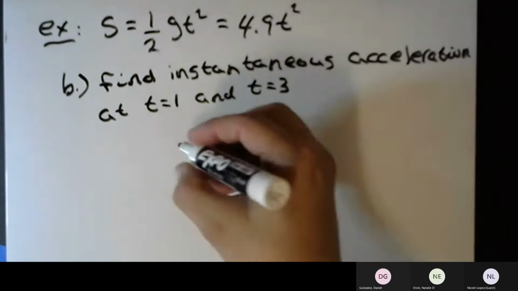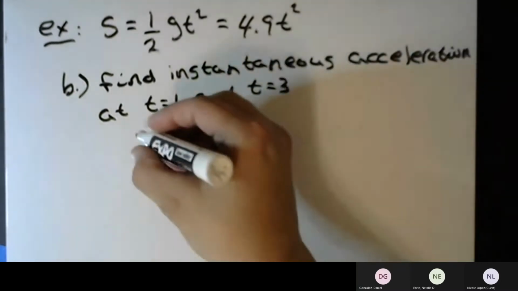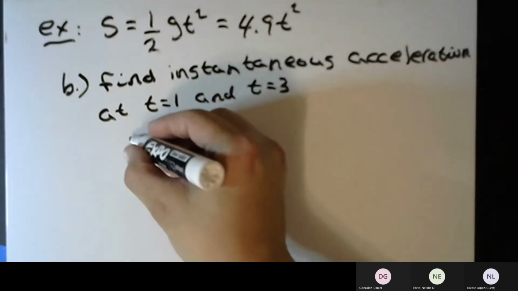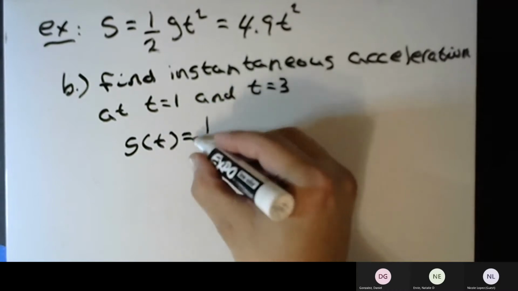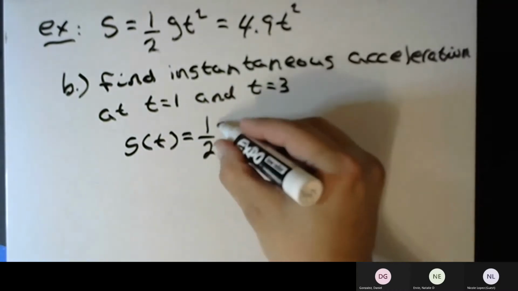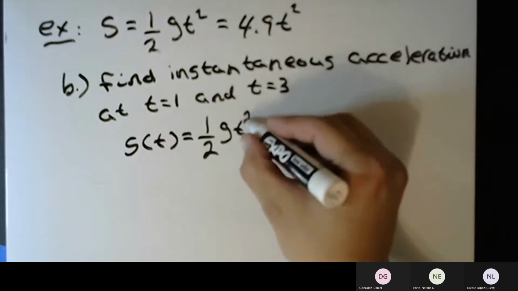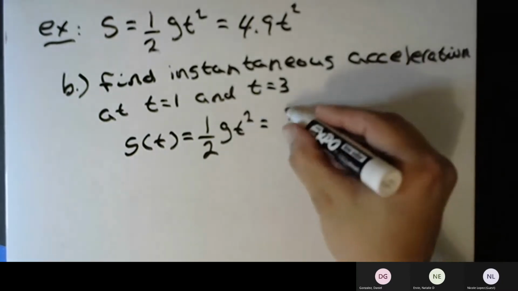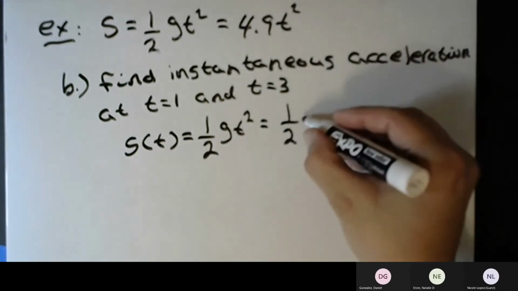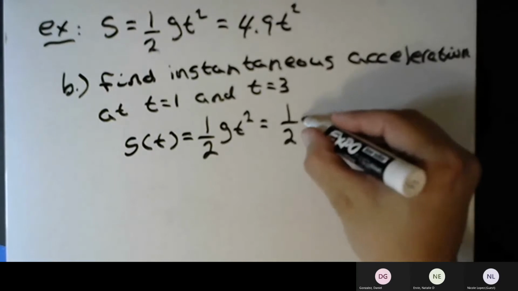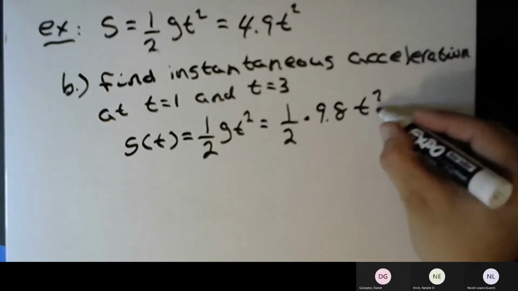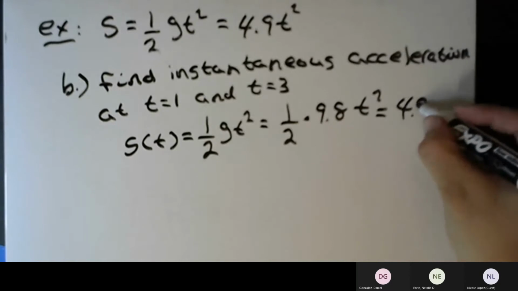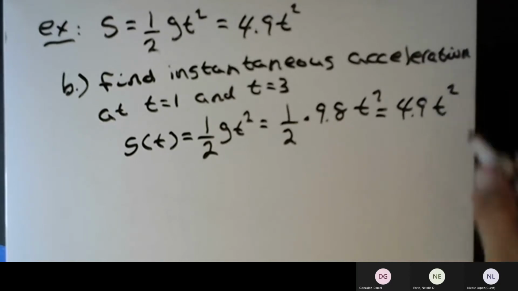So for this, again, S of t is 1/2 g t squared, or 1/2 times, we're going to go with 9.8 again. We're going to use the metric system, t squared, or 4.9 t squared.